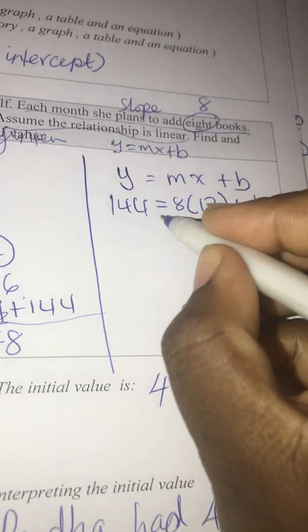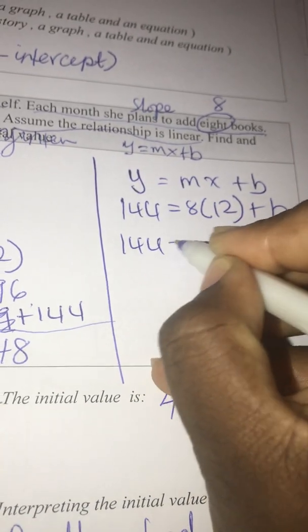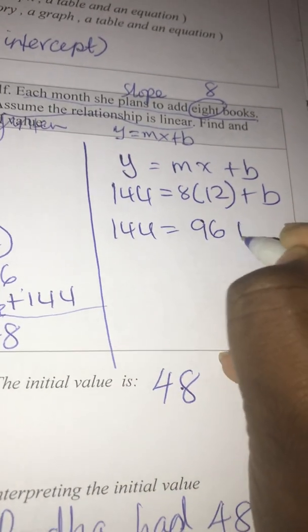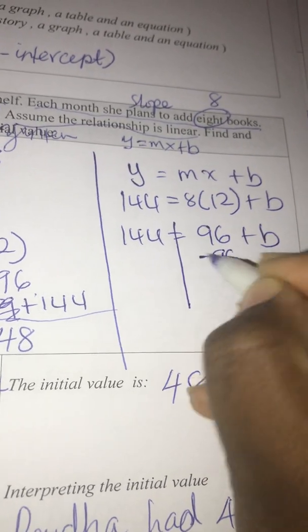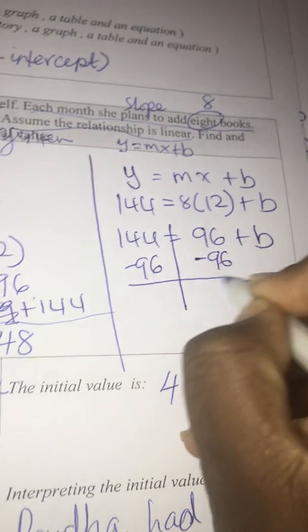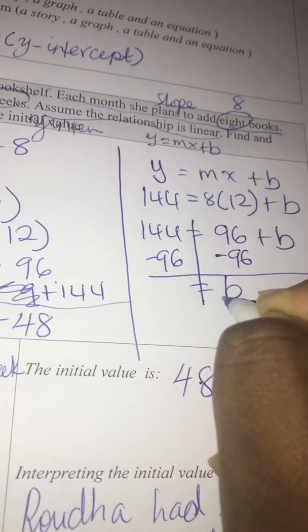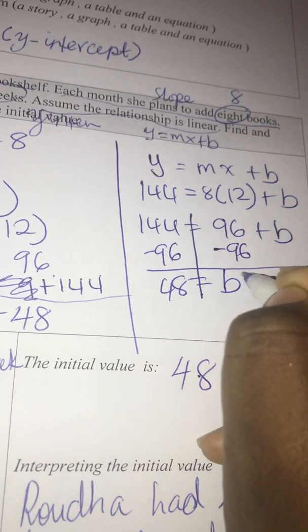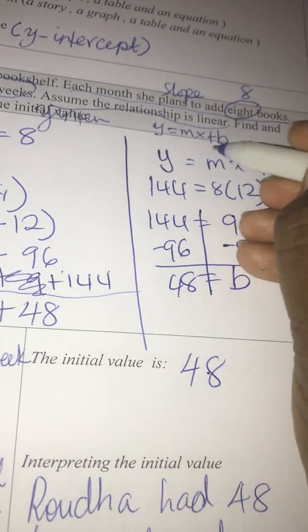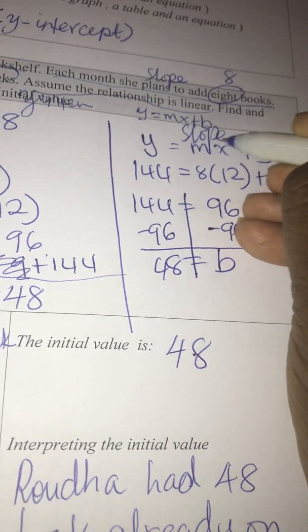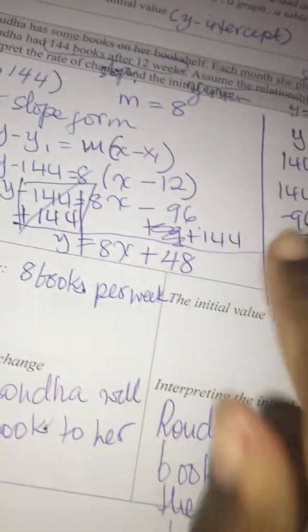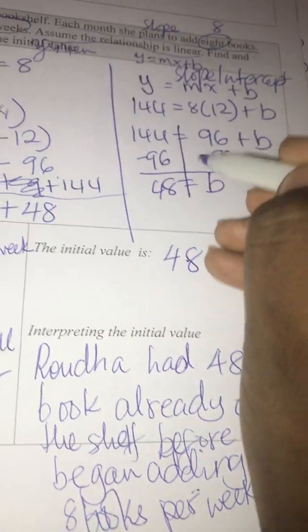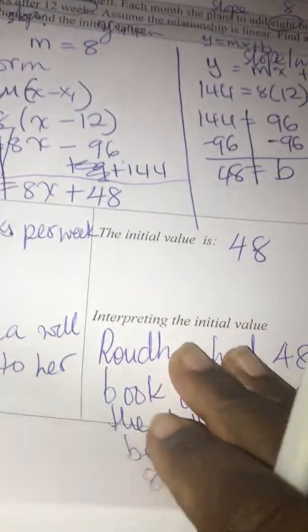Okay? 144 equals 96 plus b. Minus 96 minus 96, b equals 48. So either you do slope intercept or you do point slope form. You're still going to get the same answer, 48.